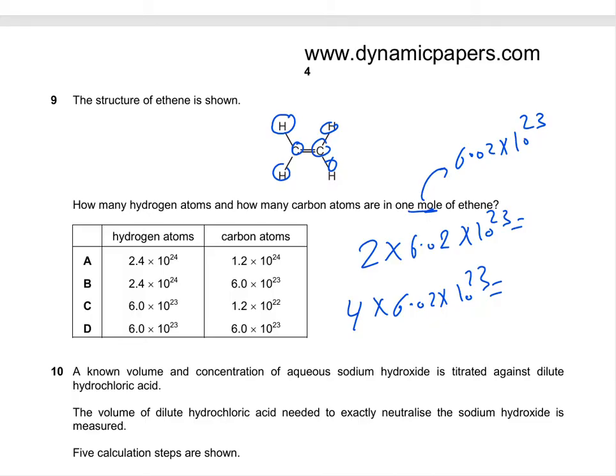So the number of atoms of carbon in 1 mole of ethene is 2 times the Avogadro's constant, which will be 1.2 times 10 to the power of 24. And the number of atoms of hydrogen in 1 mole of ethene will be 4 times the Avogadro's constant, as we have 4 hydrogens here. So the answer will be 2.4 times 10 to the power of 24. So the answer is letter A.